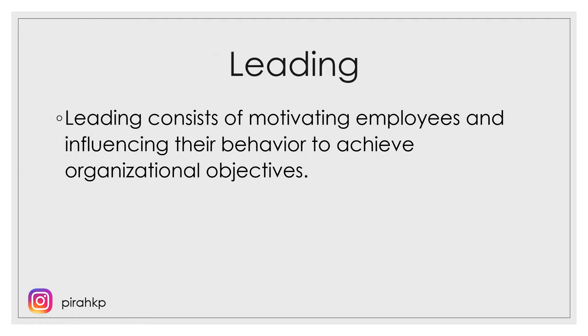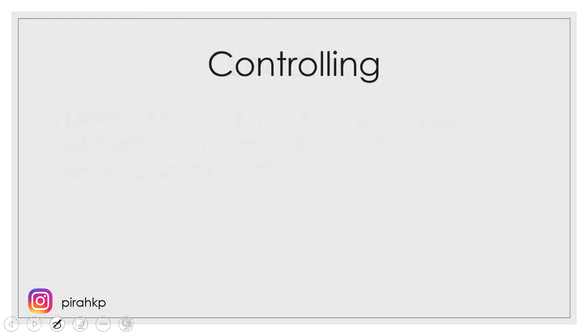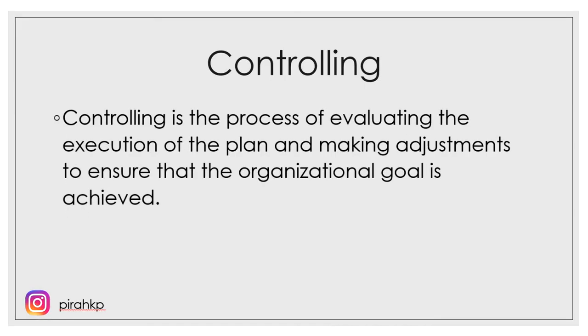Next function is controlling. Now you have planned, you have organized, you are leading people, asking how's work going, how's everything. You got it all. Now, how do you know if you are working as per what you planned or not? This is where your controlling function comes in. Controlling is the process of evaluating the execution of the plan and making adjustments to ensure that the organizational goal is achieved.